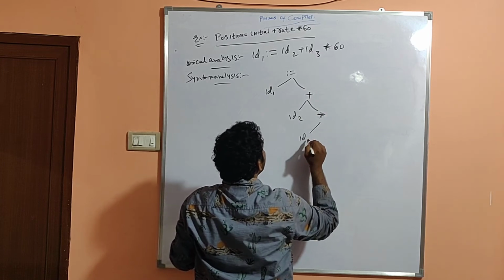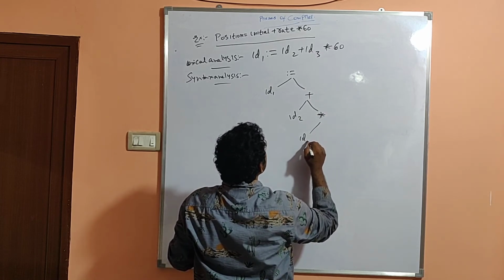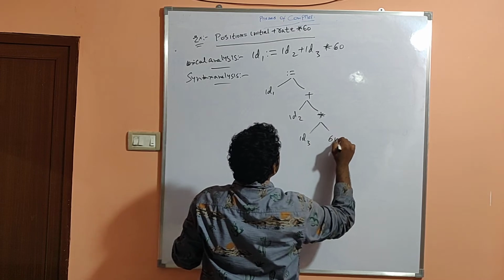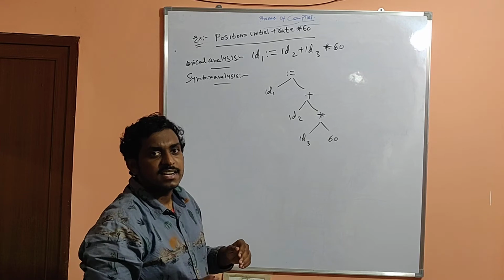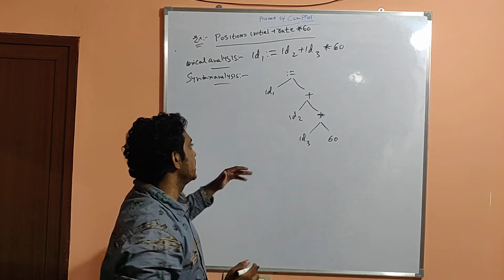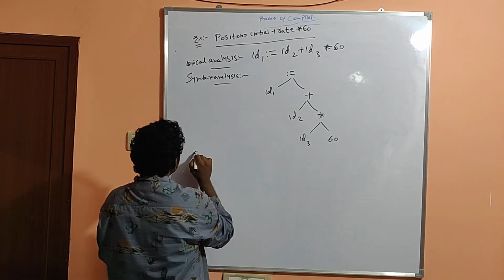So I have written the multiplication, with id3 and 60 beneath it. This is how the syntax tree is generated, or it is called a parse tree, whatever it may be.